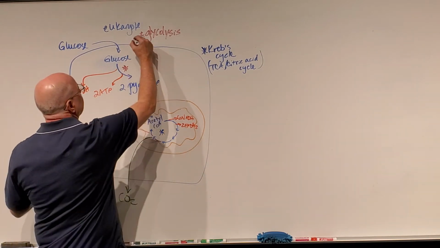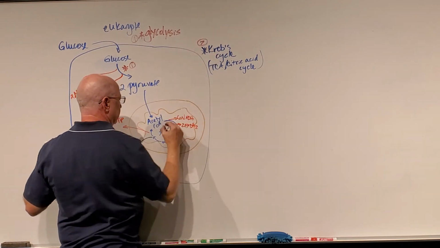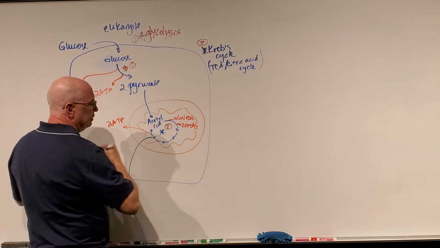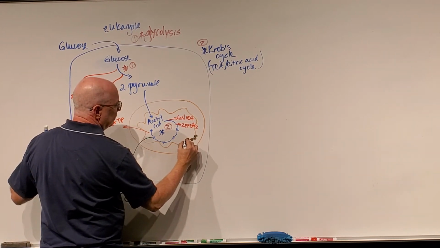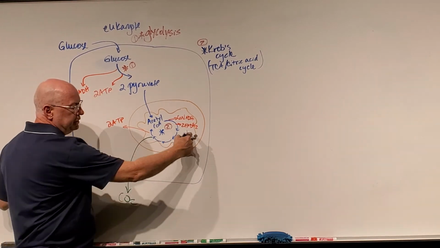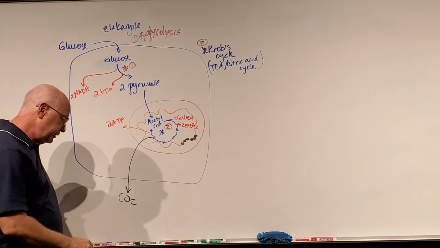1, glycolysis. 2, Krebs cycle. And in the 3rd step, I'm going to send all these electron carriers to my series of cytochromes. These cytochromes are the enzymes in the inner mitochondrial membrane, on the folds called cristae.